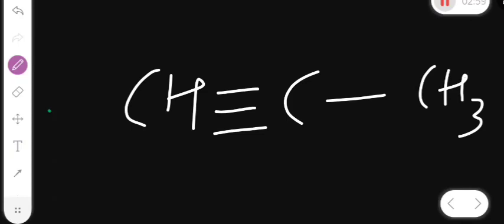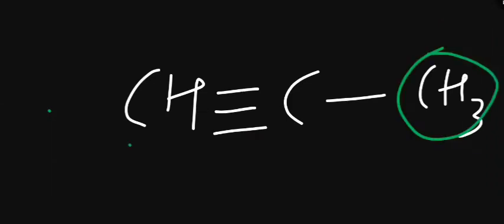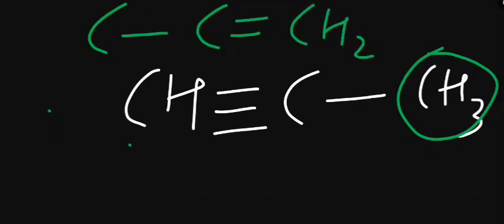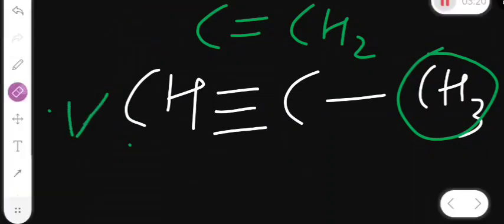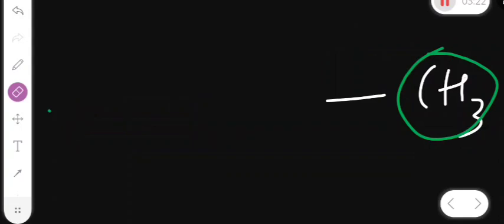So if you ask me which one of them is the allylic carbon, and again if you take one more example, suppose something like this, here this one will be our required allylic carbon. So I hope the confusion is clear. Now let me move to the next section.